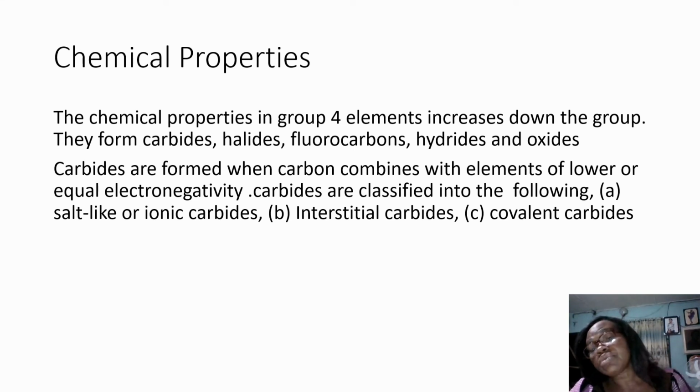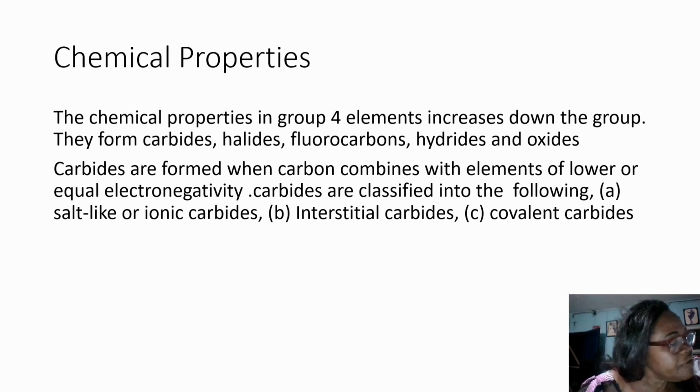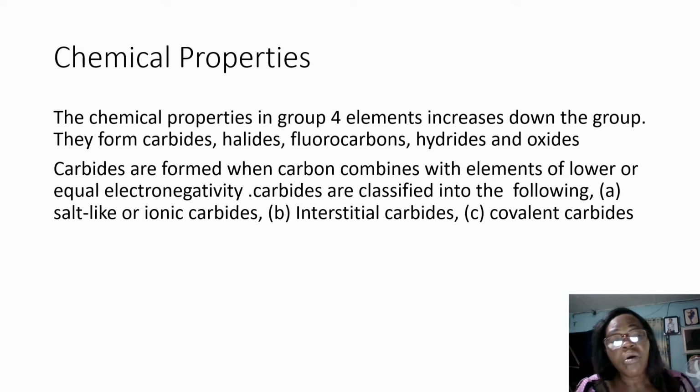I can give you an example: calcium carbide. Interstitial carbides occur when carbon combines with transition elements, while covalent carbides occur when carbon combines with elements of almost equal electronegativity.